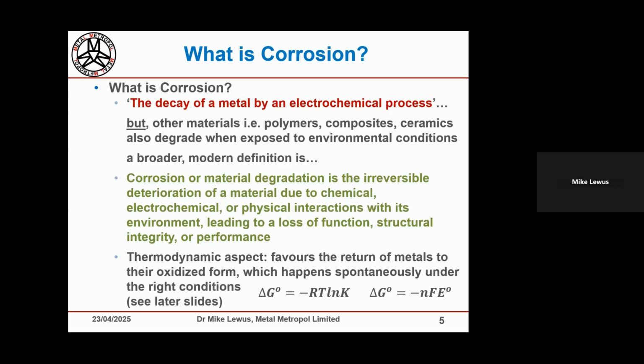Material degradation is the irreversible deterioration of a material due to chemical, electrochemical, and physical interactions with its environment, leading to a loss of function, structural integrity, or performance of the material.